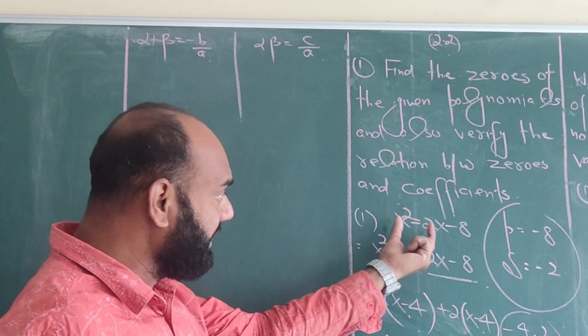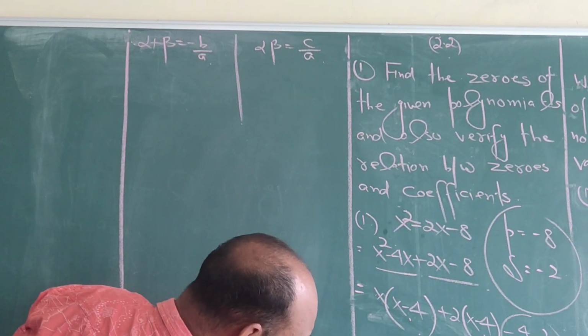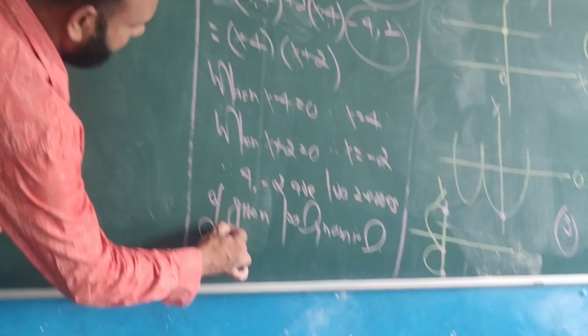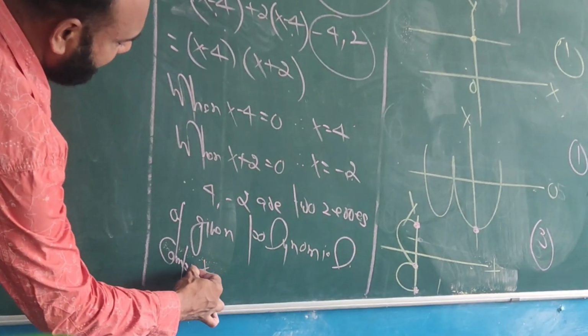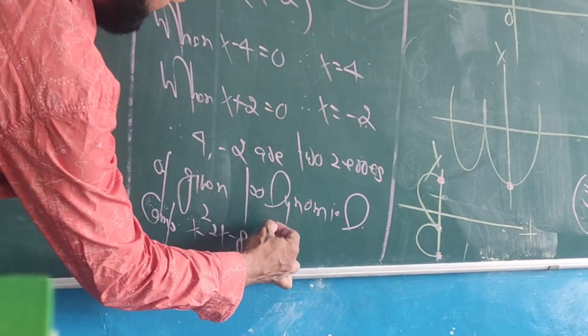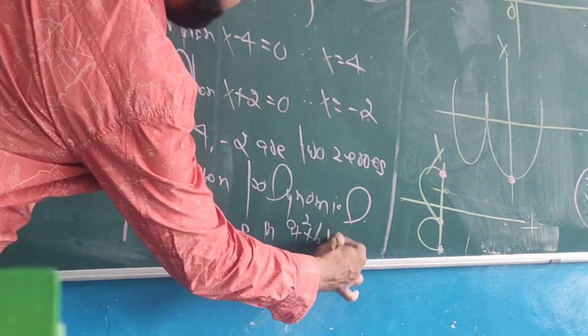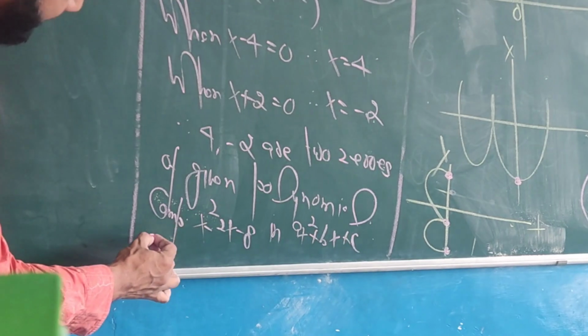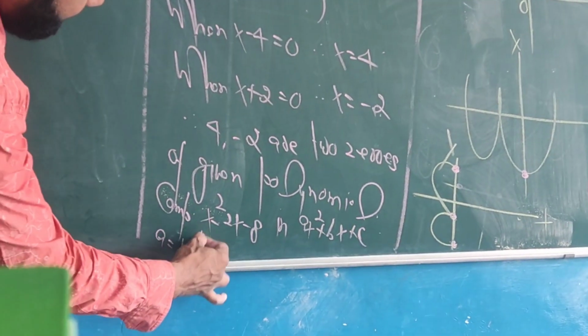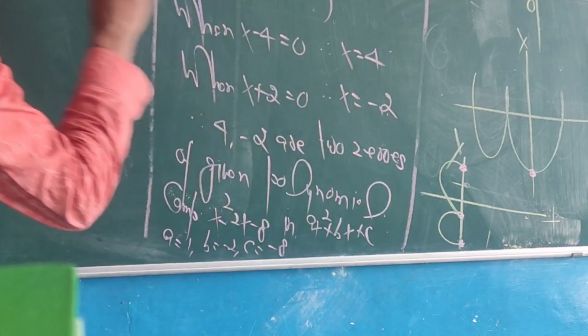When we compare the given equation x square minus 2x minus 8 with the standard form ax square plus bx plus c, we get a equal to 1, b equal to minus 2 and c equal to minus 8.